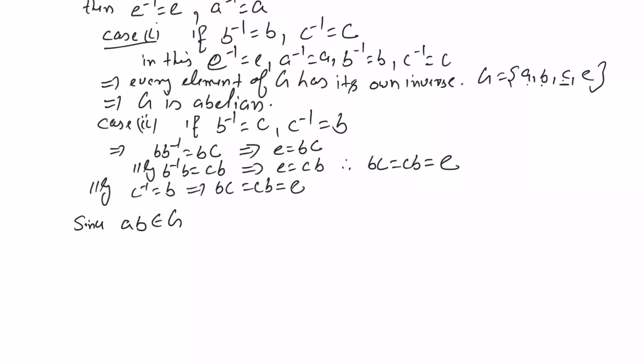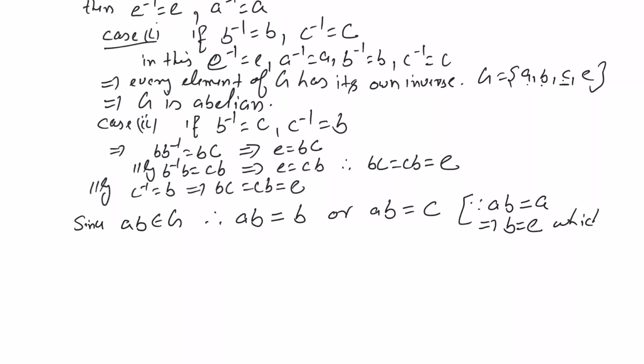AB belongs to G, therefore AB is either equal to B or AB is equal to C, because AB cannot be A: if AB is equal to A, this implies that B is equal to E, which is not possible.